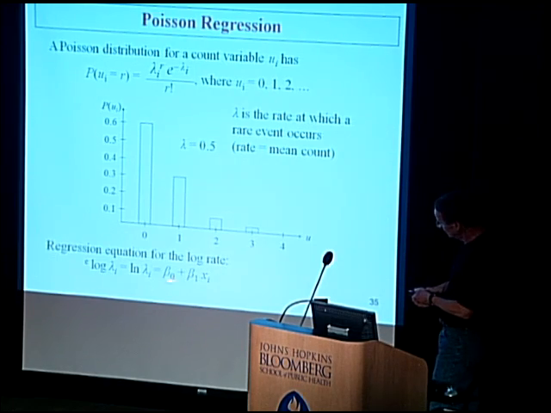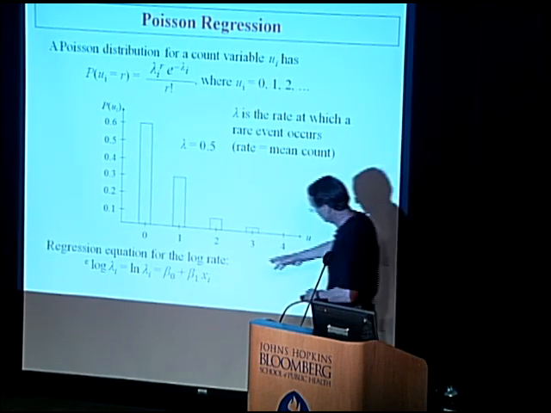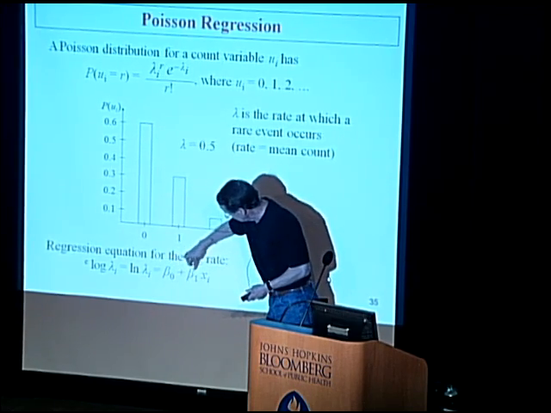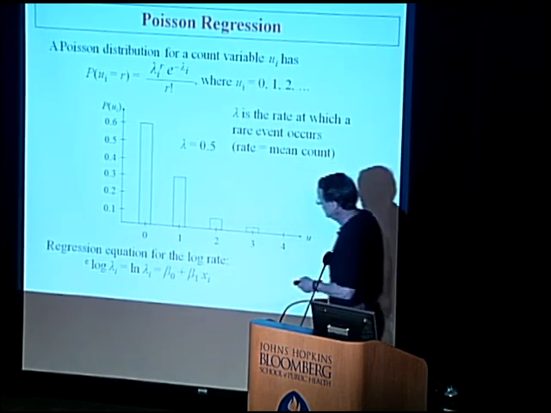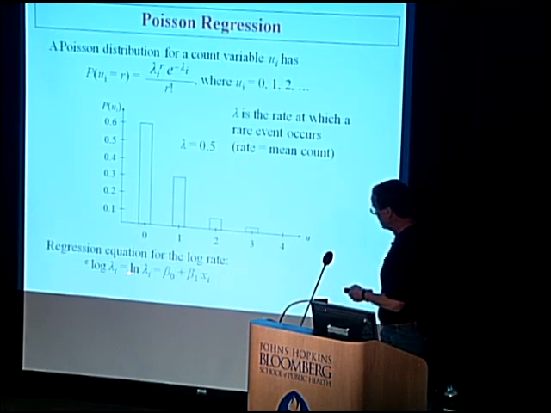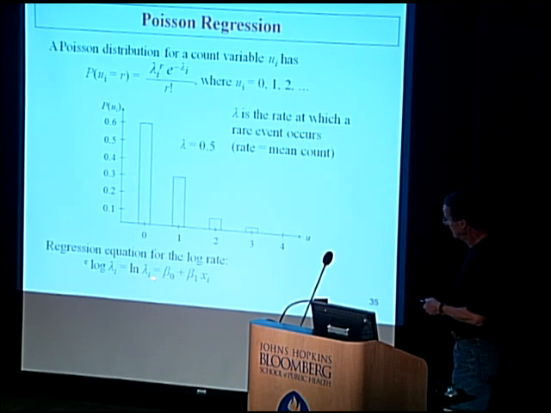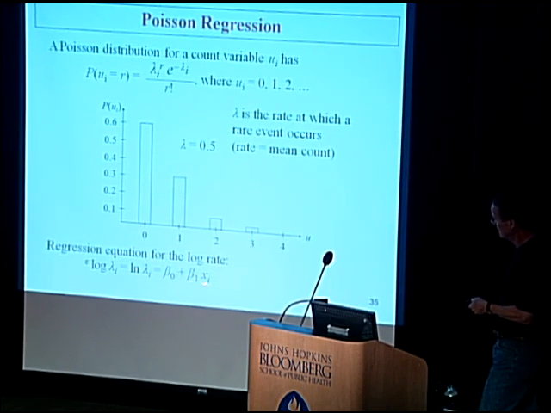This is a linear model, right? Linear model with an intercept and a slope for a dependent variable that is the log, or natural log, of lambda. So the log rate is linear.